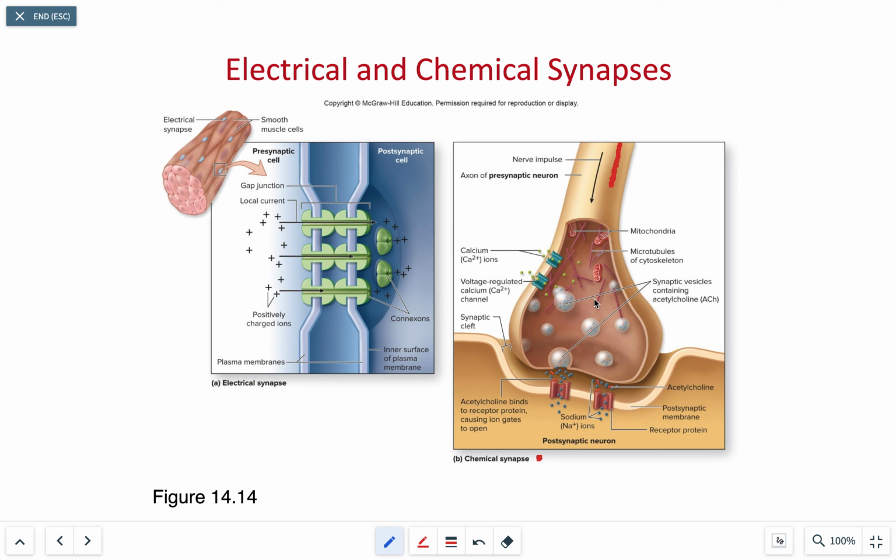Once the nerve impulse arrives, this allows calcium ions to move into the synaptic knob, and these are moving through these voltage regulated calcium channels. So the only way calcium will move into the synaptic knob is first with the initiation of the nerve impulse.